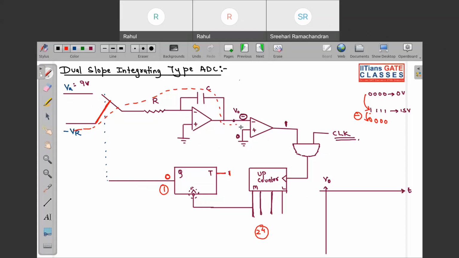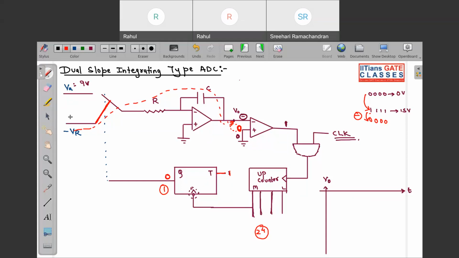Here, due to virtual ground, this point is 0, and over here this is 0 as well. So this capacitor will get a path of discharging in this way. Are you getting my point? So this capacitor will start to discharge. Tell me if this is clear or not.